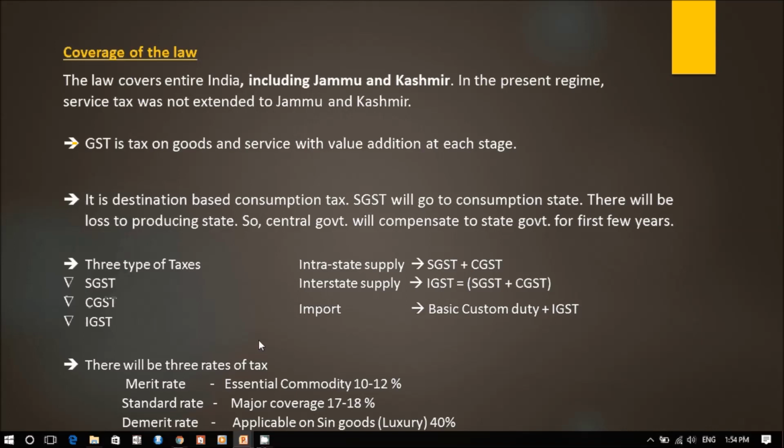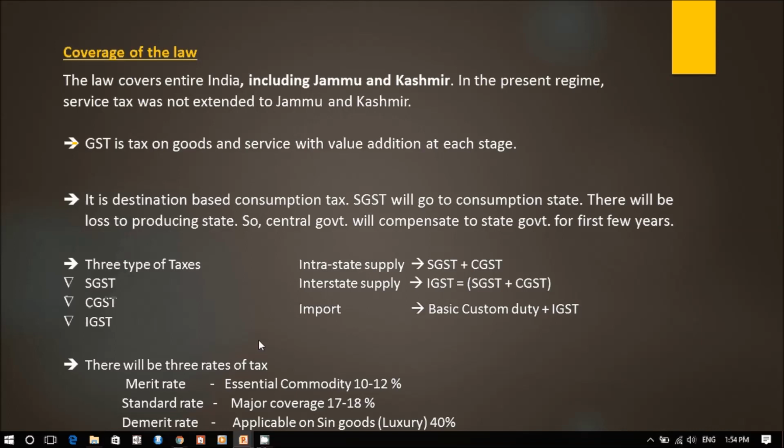And when we say the amount will go to the Delhi government, it means that in the GST there would be two components, SGST and CGST. The SGST will go to the state government in which goods or the service is actually consumed.